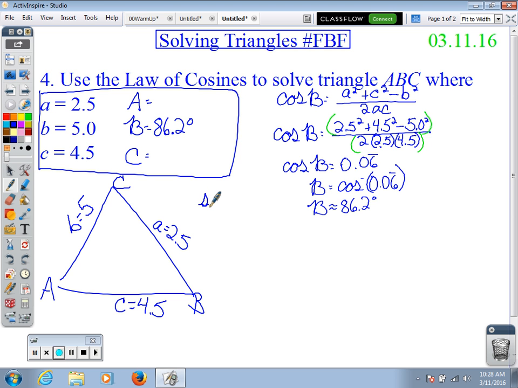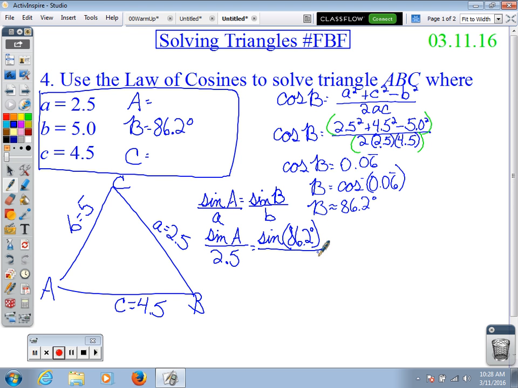Now we can also flip it, and we can have sine of angle A over the length of A is equal to the sine of B over the length of side B. Sub in the pieces that we have, and we'll have the sine of angle A over 2.5 is equal to the sine of 86.2 degrees divided by 5.